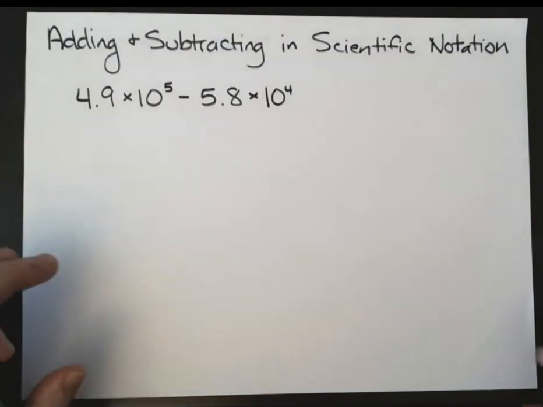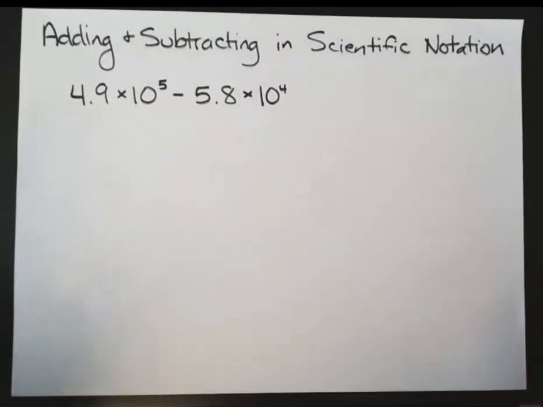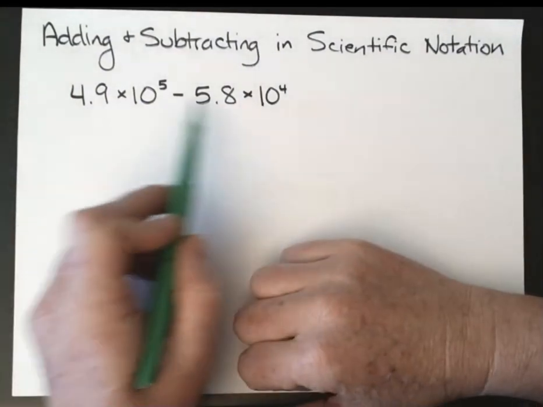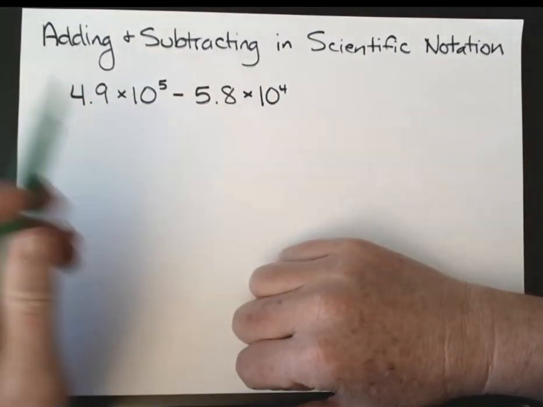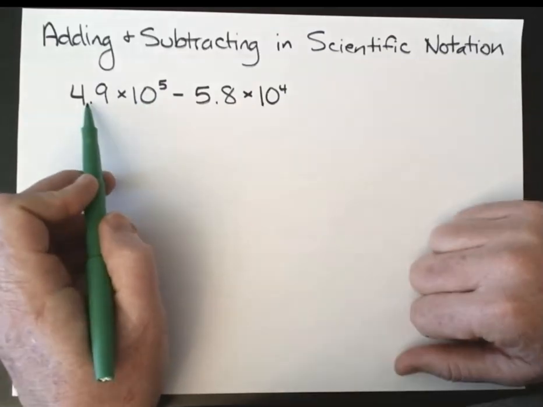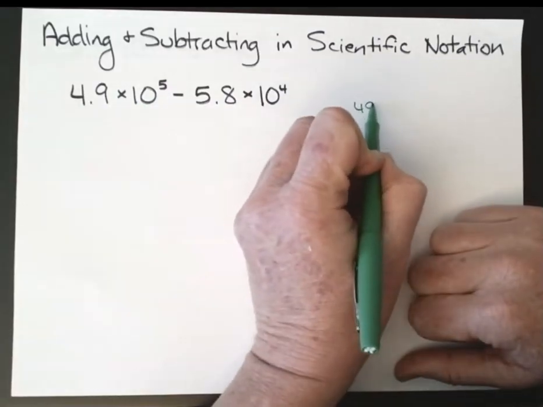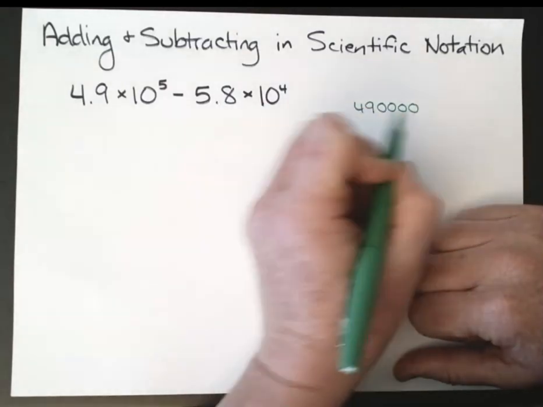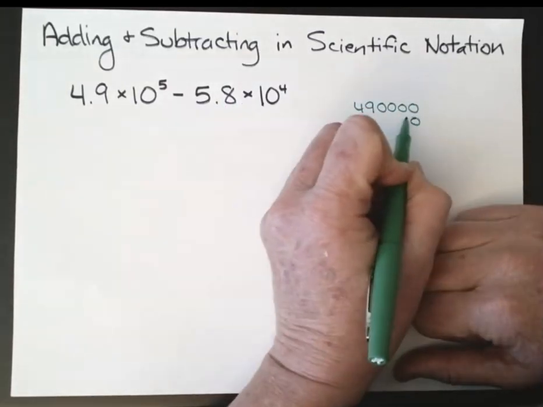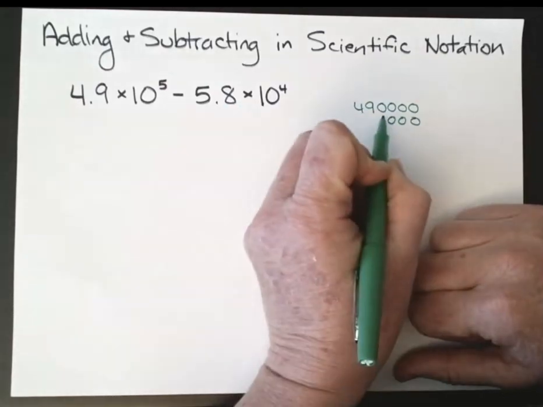All right, adding and subtracting. So this is a little bit harder. If we think about adding and subtracting, we always need to line up our place value. And right now, if we wrote this whole thing out, this would be 1, 2, 3, 4, 5, and that would be, I would have 3 zeros, an 8, and a 5.